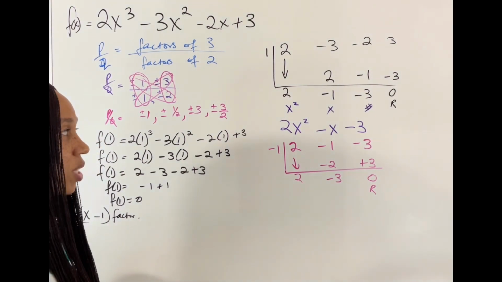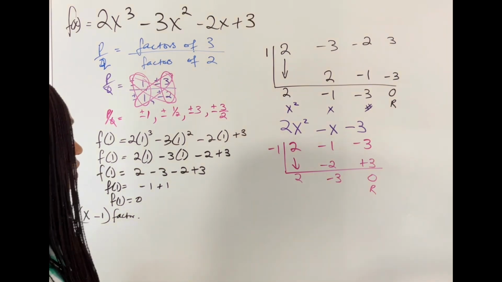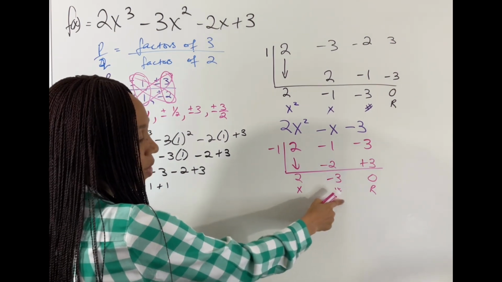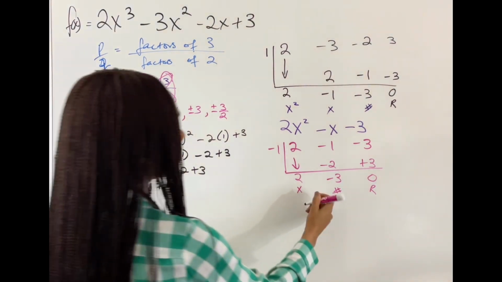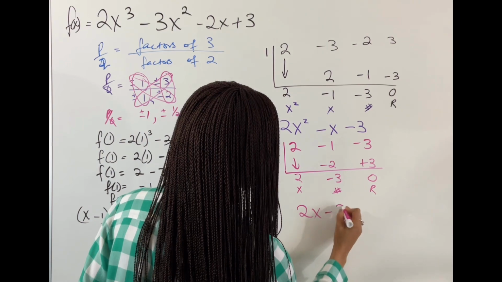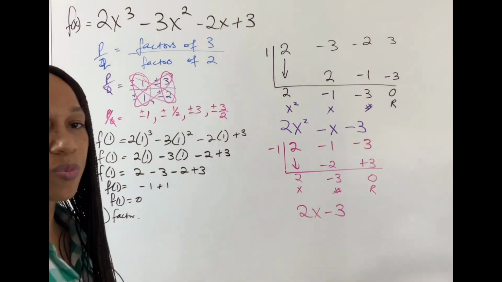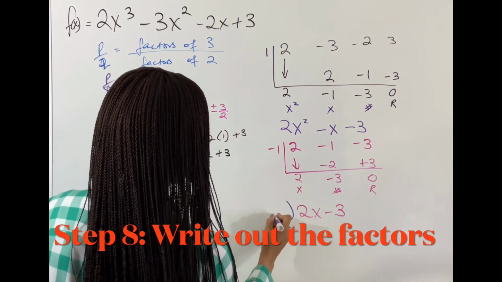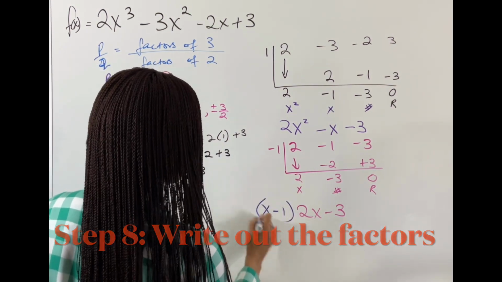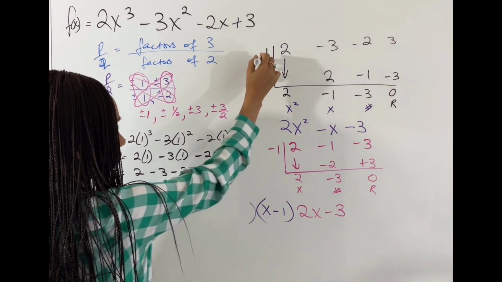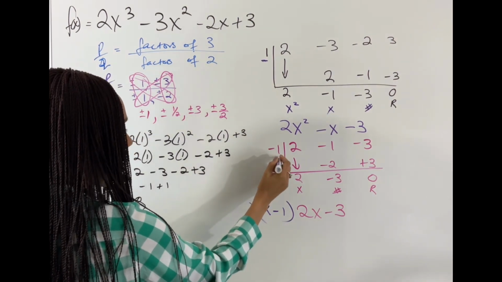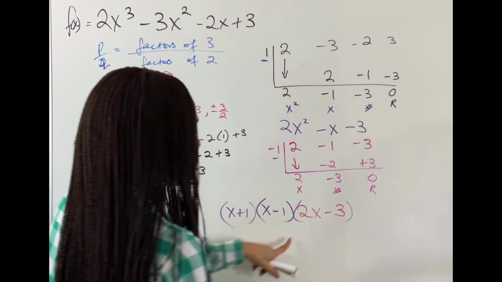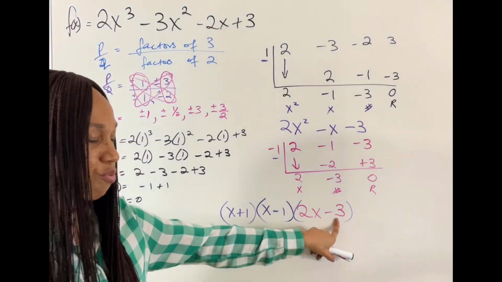And we can also state that the other factor is going to be x plus 1 in this case. So we have our number here, and this is going to be our x value. So now we have 2x minus 3 that's left. Because we know that we have the factors of x minus 1, and that's from this, and we also have the factor of x plus 1, our other factor would be 2x minus 3.